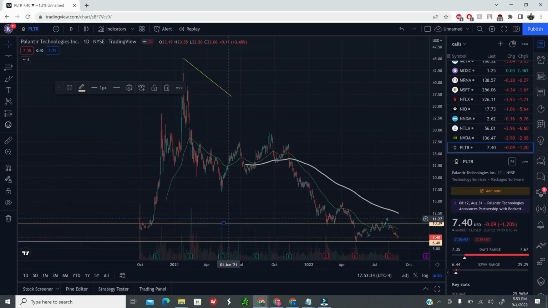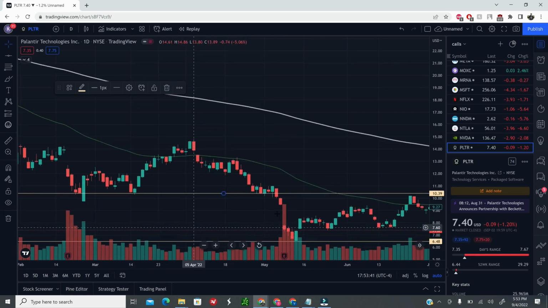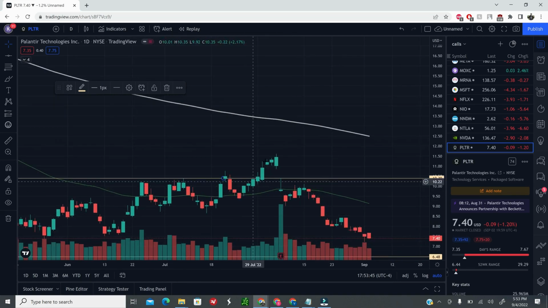Also, that is a resistance back when it IPO'd initially. We see that is one of the critical levels at $10, 10.30, 10.40. Let's just say $10.